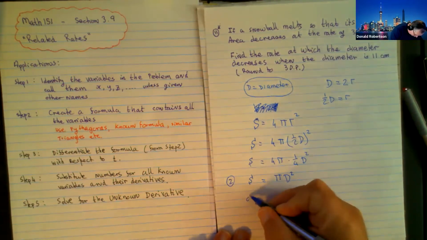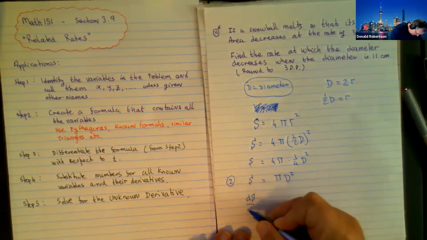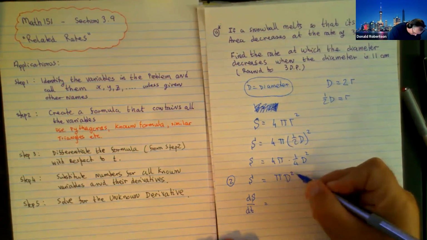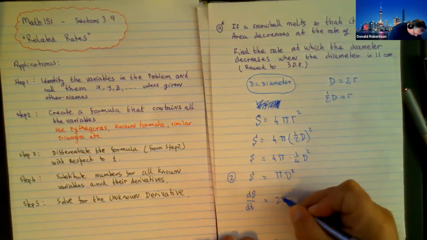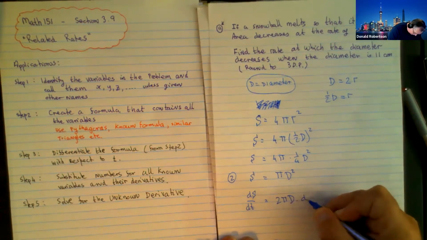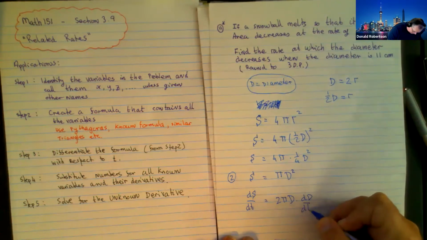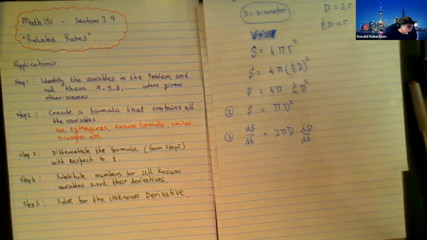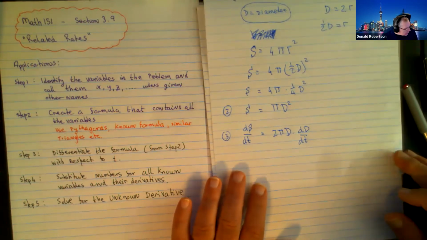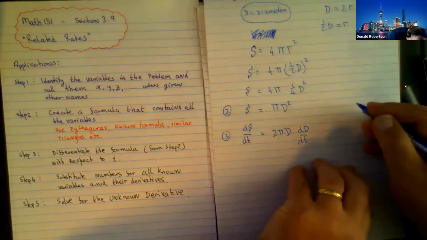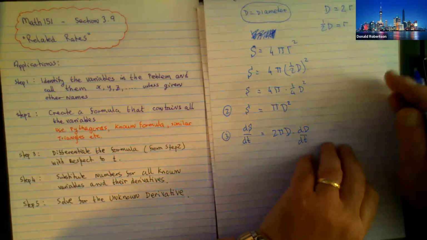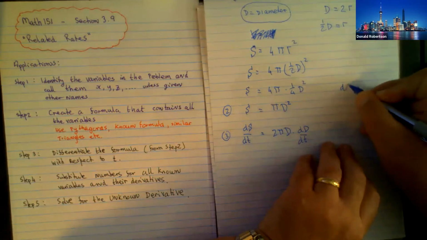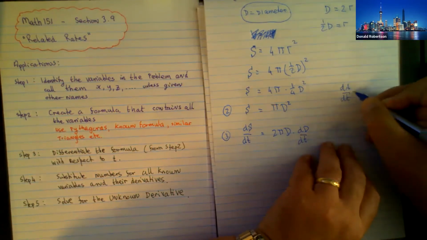Let's differentiate with respect to t. If you differentiate that guy, you get this. And that's basically 2 pi d times dd by dt. And that wasn't too bad. That wasn't really that ugly. Now, if I read up at the top here, what have they told me? They told me that its surface area decreases at the rate of 3.